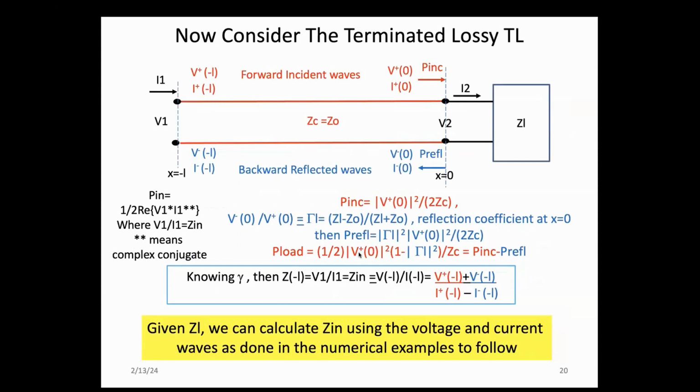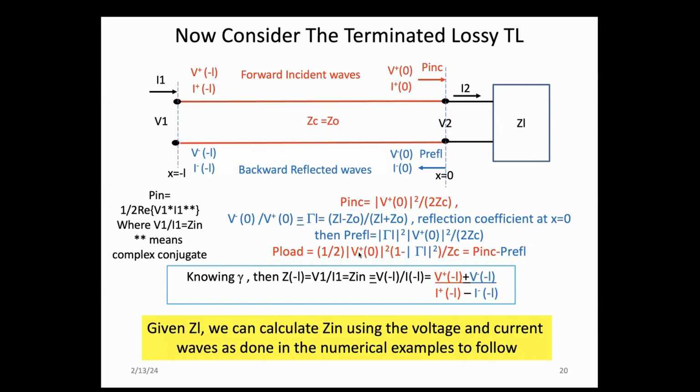Okay, so let's consider the terminated lossy line. We connect an impedance at x equals 0 to this line. Using the results on the previous page, we can express V2 and I2 in terms of these quantities.